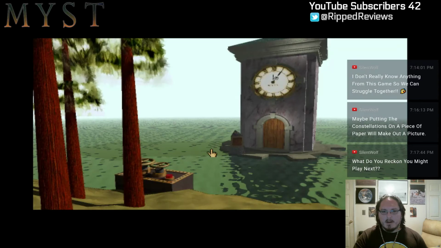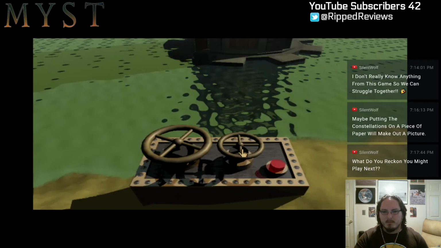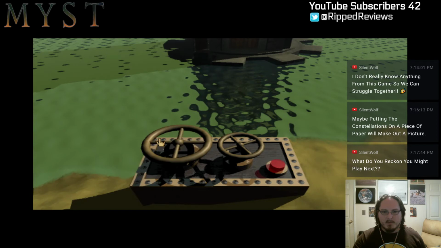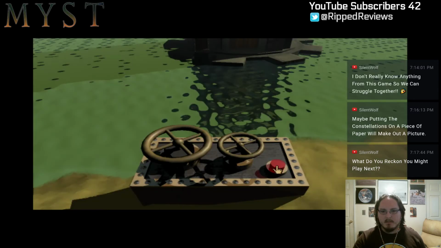Okay, so I want to try this. So 2:40, I think the little one is the hour hand, so that would need to move 2. And then this one needs to move 1, 2, 3, 4, 5, 6, 7.